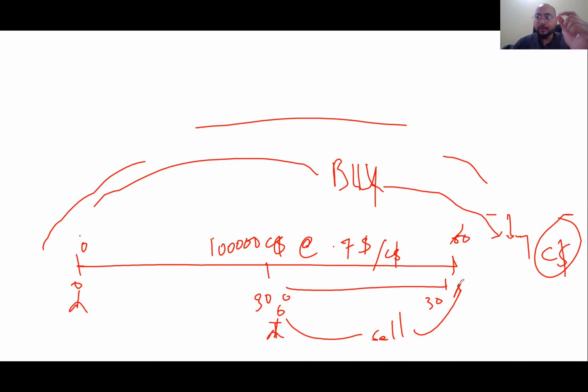The difference between the rates is going to be your profit or loss, right? Maybe in 60 days, you are buying the Canadian dollar at $0.7 and you are selling at $0.68 per Canadian dollar.